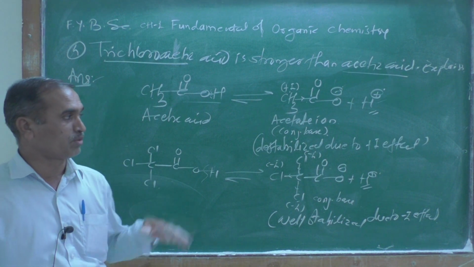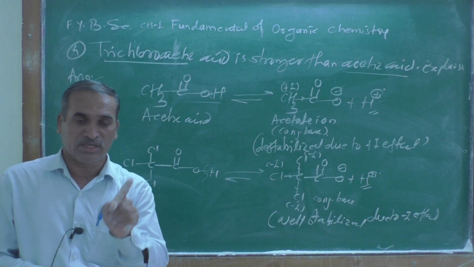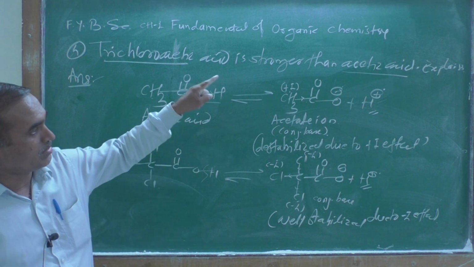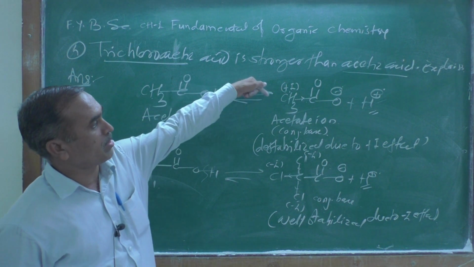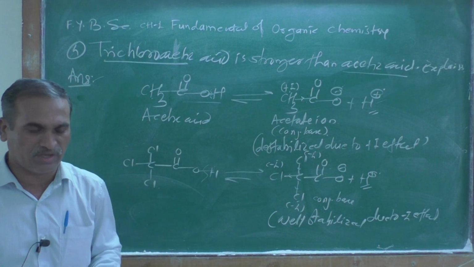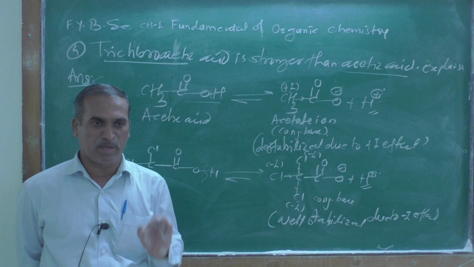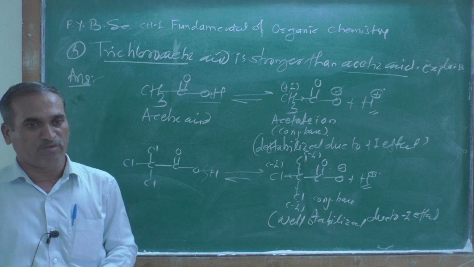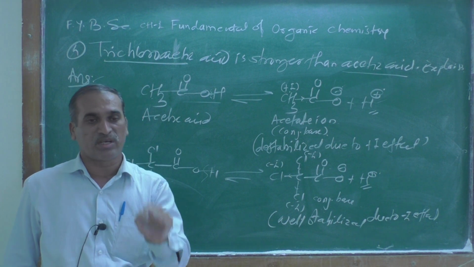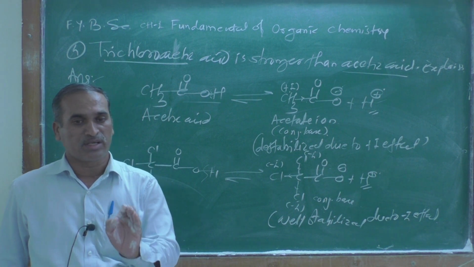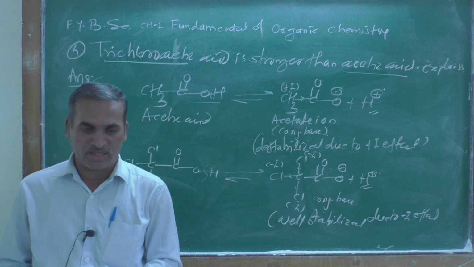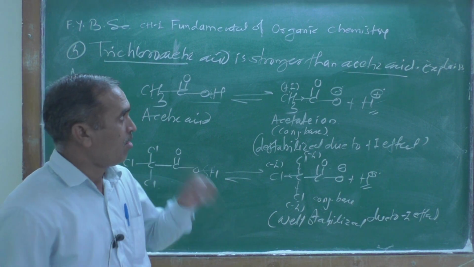The number of protons produced decides whether it is a stronger or weaker acid, and that depends upon whether here is a plus I inductive effect or here is a minus I inductive effect. One general rule, remember: minus I inductive effect decreases the basicity, whereas plus I inductive effect increases the basicity, and that's why trichloroacetic acid is stronger than acetic acid.